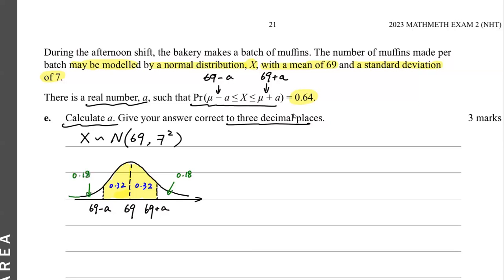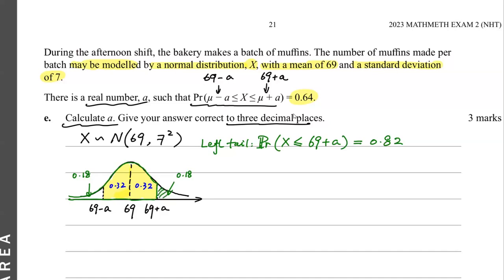So altogether, normally if we are working with the inverse norm CDF to find the boundaries on the TI calculator, we will always use the left tail. Left tail probability, X less than or equal to 69 plus A equals 0.82, okay?